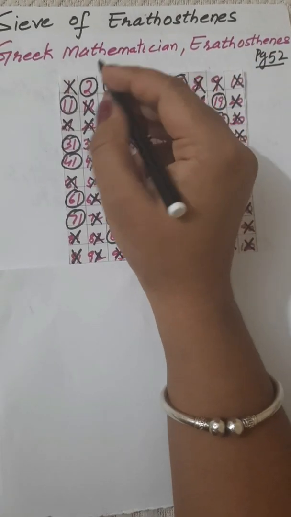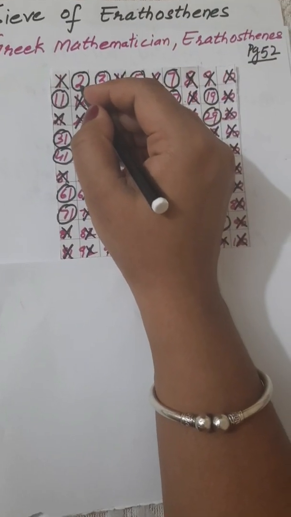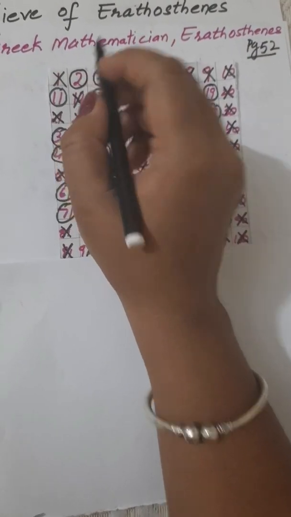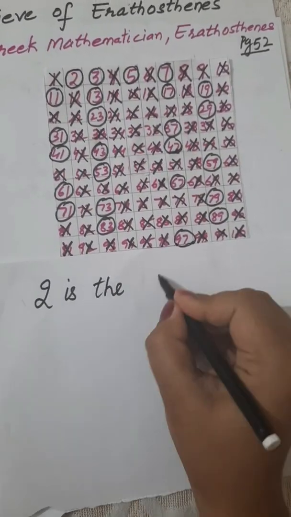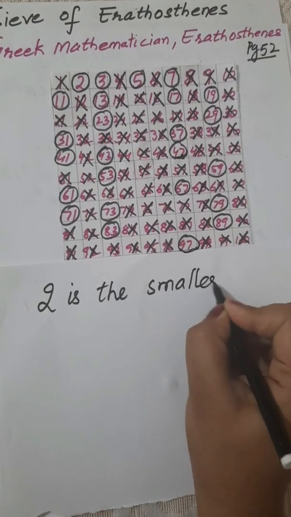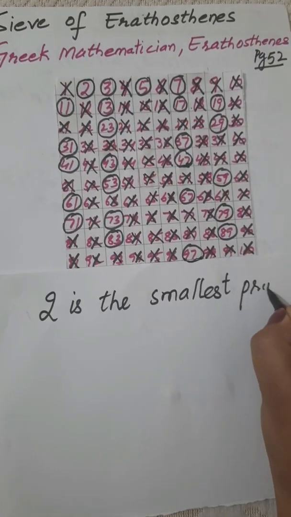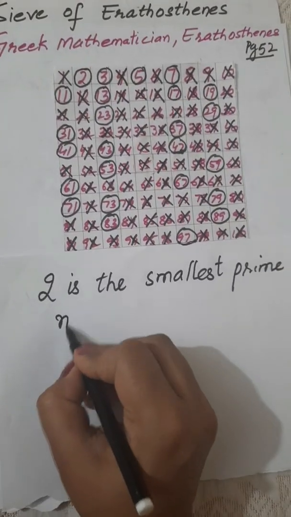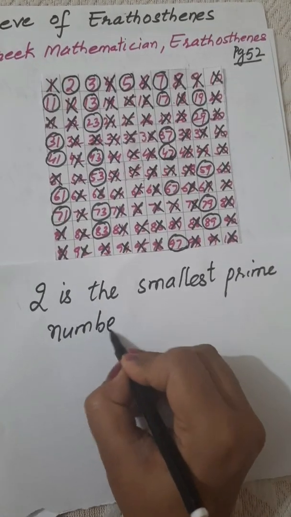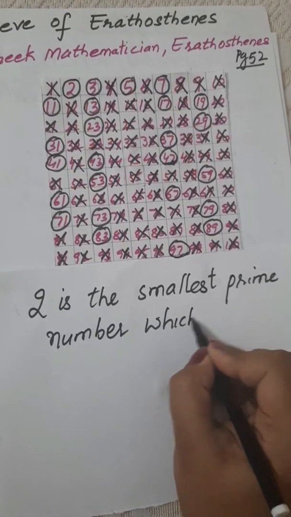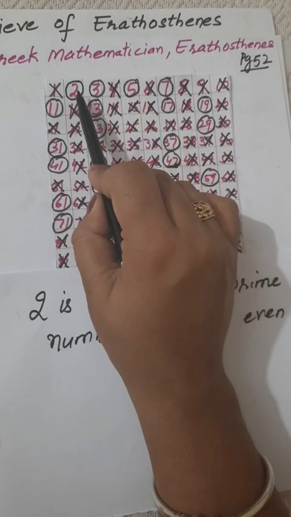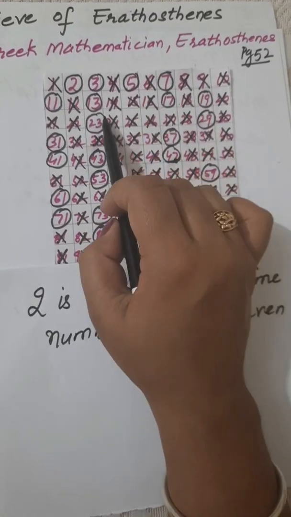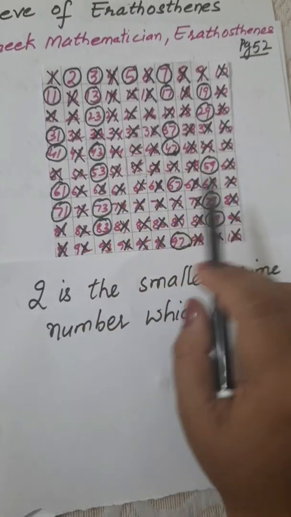If we observe the pattern, we have 2, and 2 is the smallest prime number which is even. I will write: 2 is the smallest prime number which is even. The other encircled numbers, if we see, are all odd numbers.